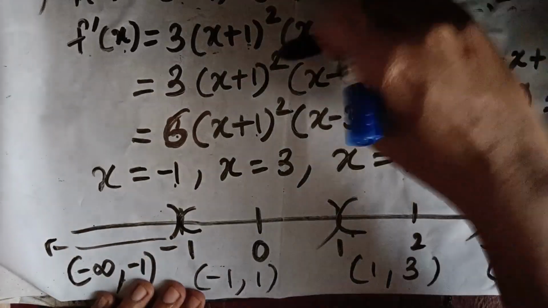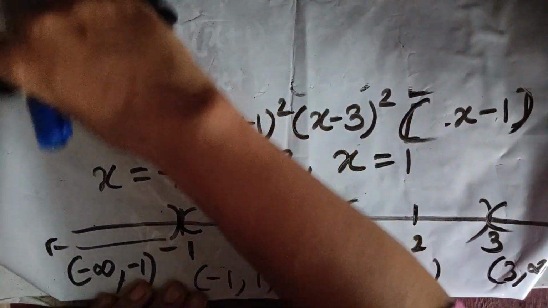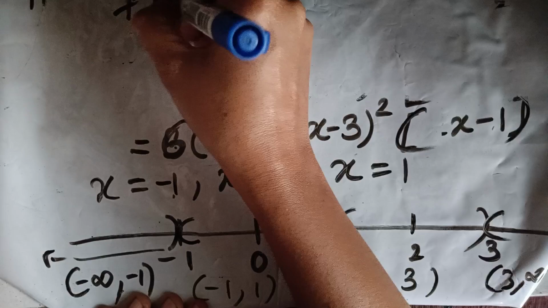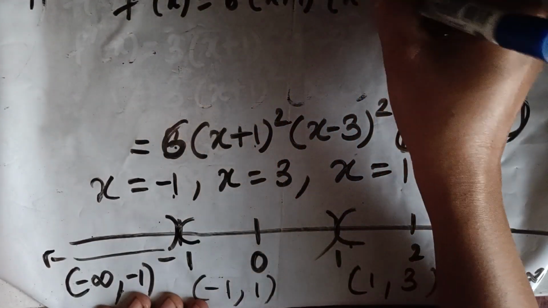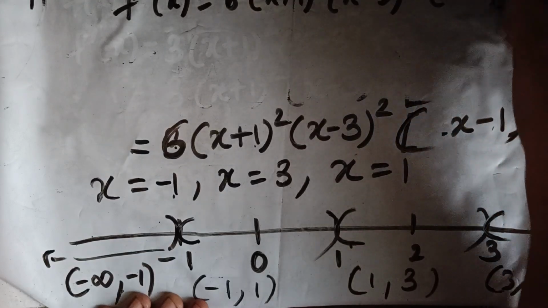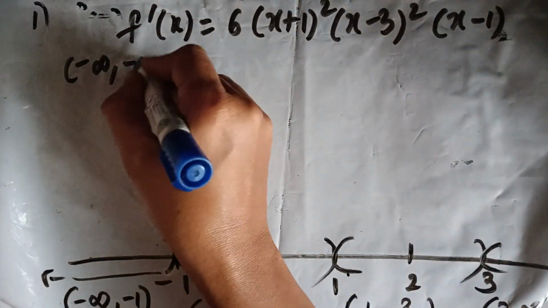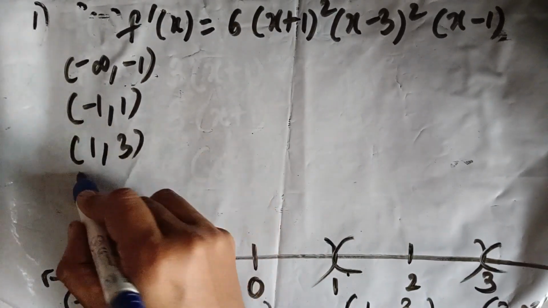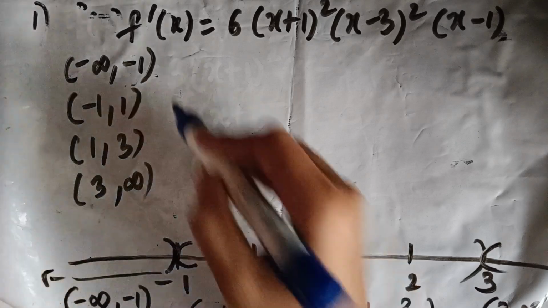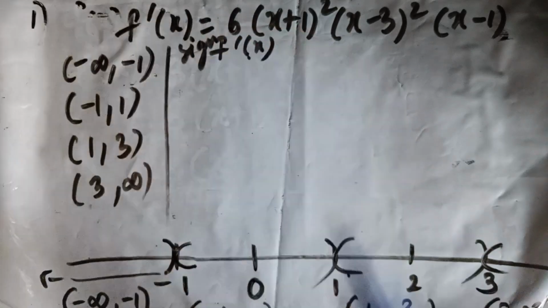I'll write f dash of x here. Let's write the intervals. Now we have to check the sign of f dash of x.